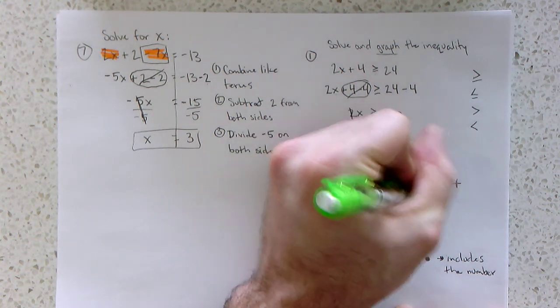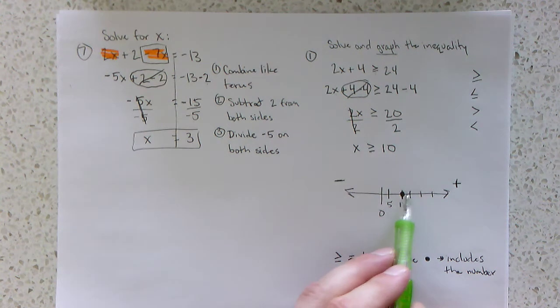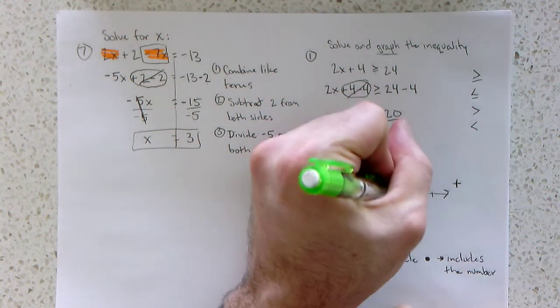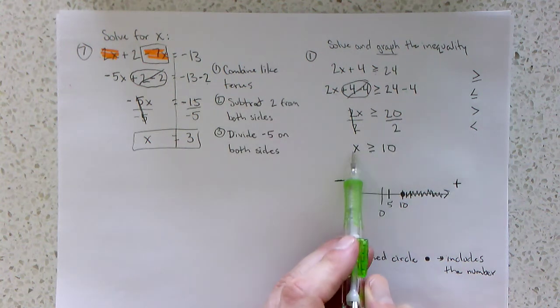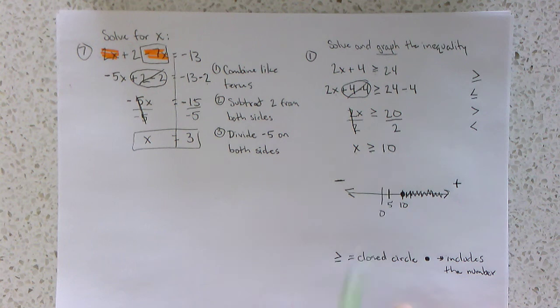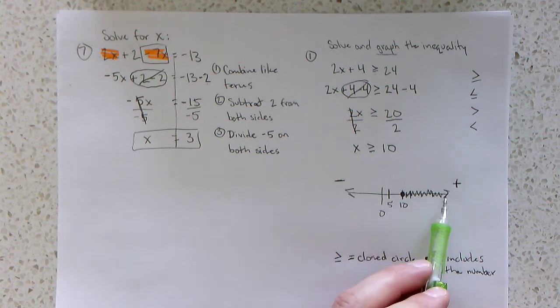So if we think about all these other numbers going this way, all these numbers are going to be bigger than 10. So all the possible numbers are going to be bigger than 10. And so that's why we shaded in going this way.